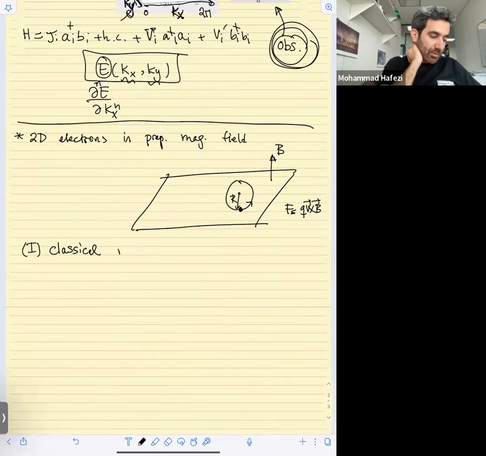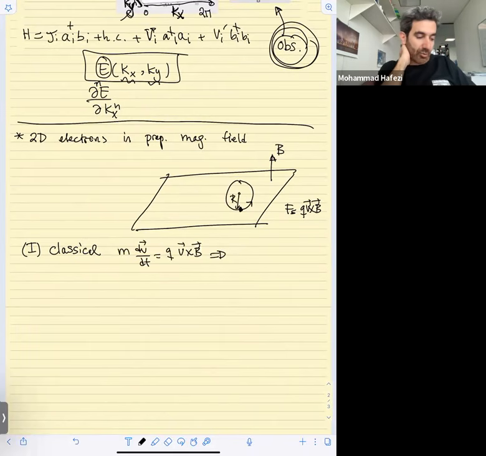And then, so m dv over dt is equal to qv cross B. And then if it's a circular motion, then the centripetal force is equal to the charge of the particle.